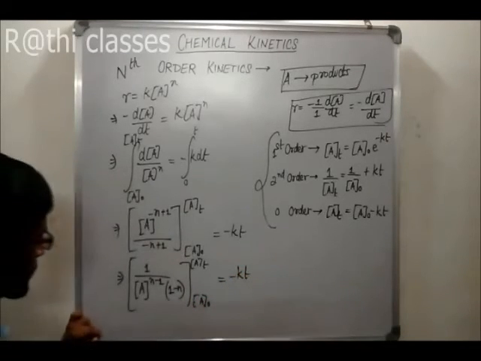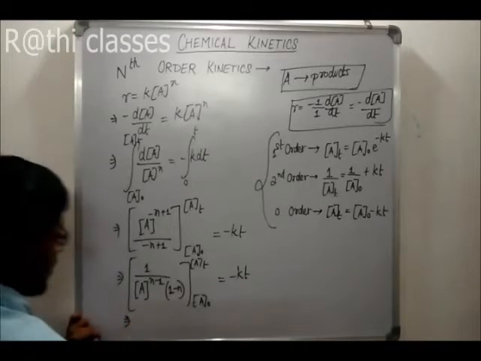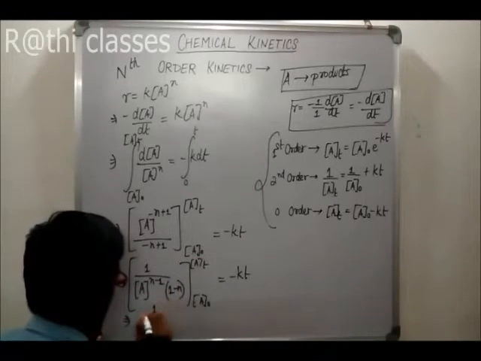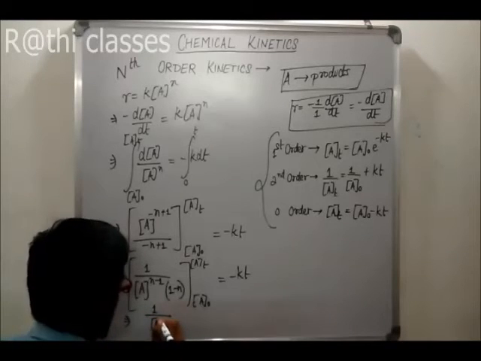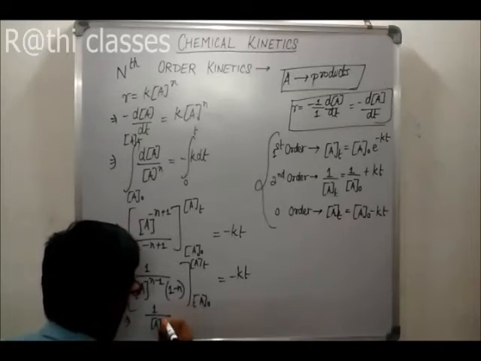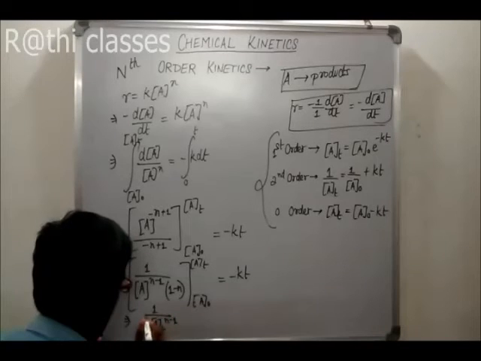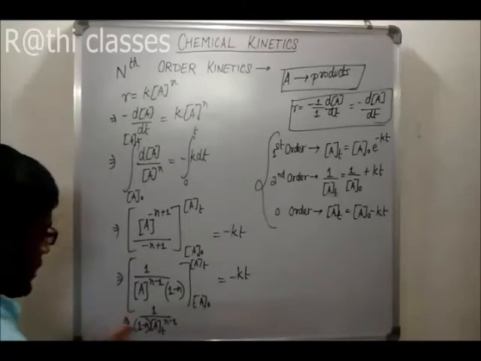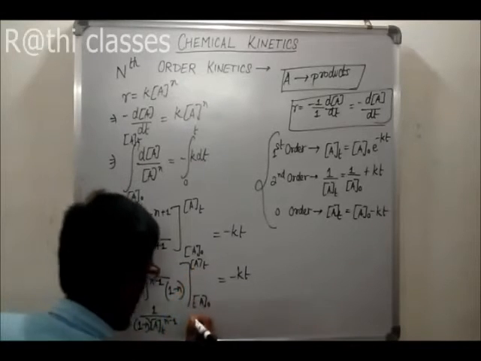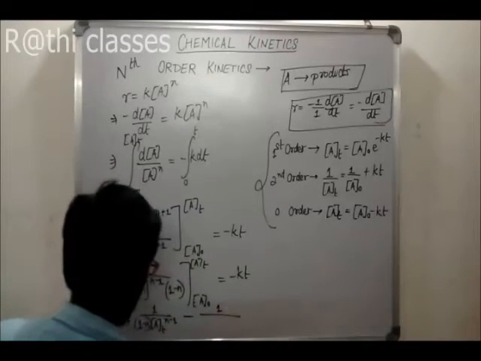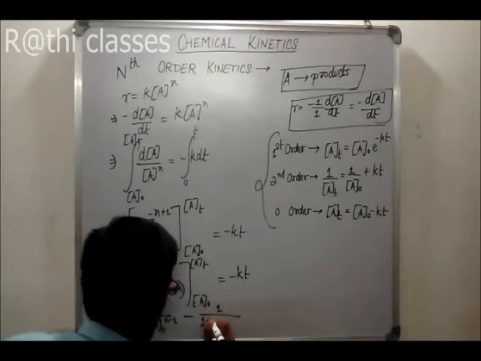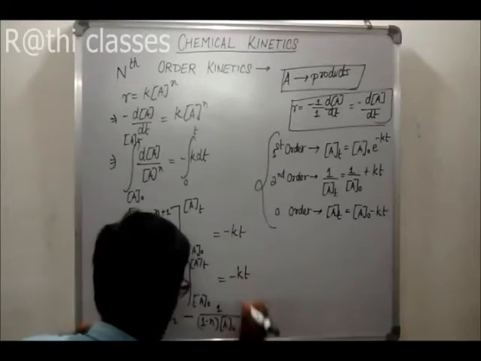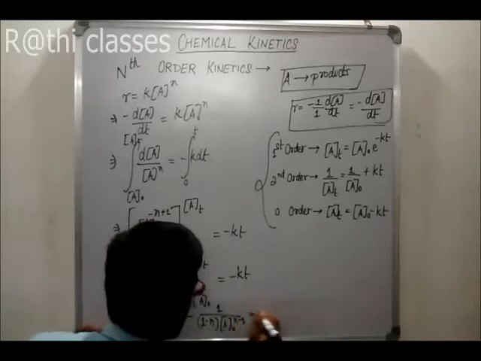Now, if I put the limits, I get 1 upon At to the power n minus 1 into 1 minus n, minus 1 upon 1 minus n into A naught to the power n minus 1, is equal to minus kt.